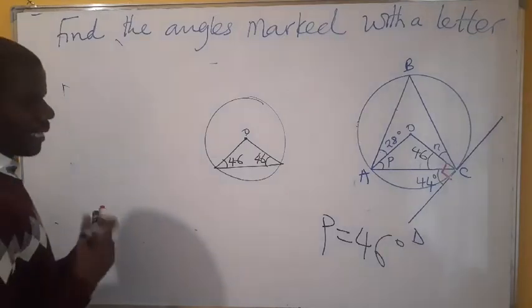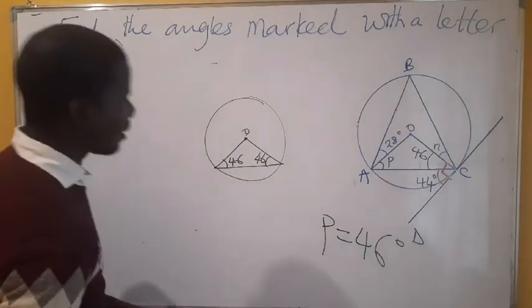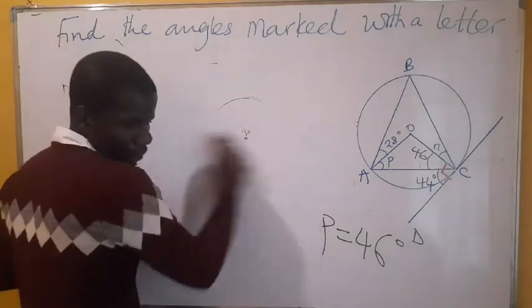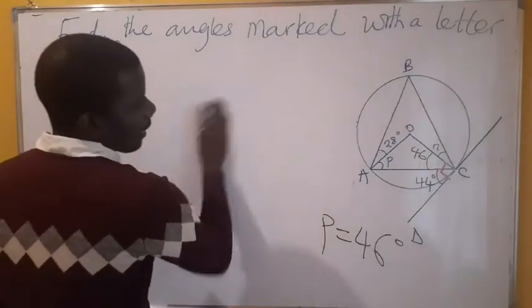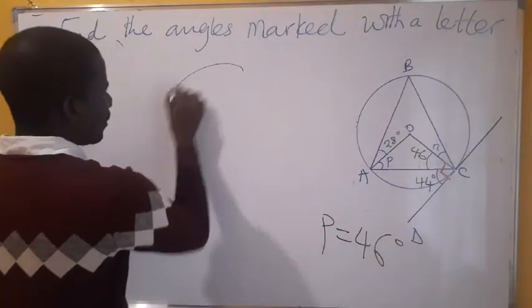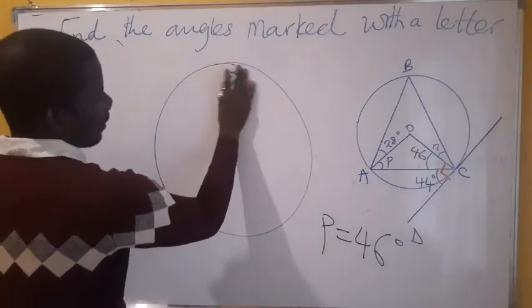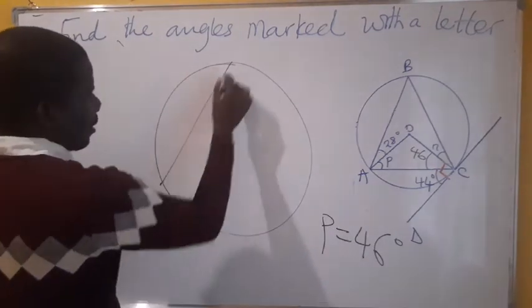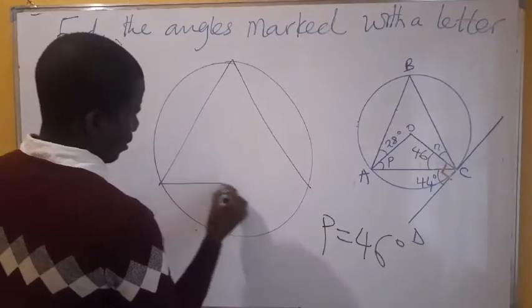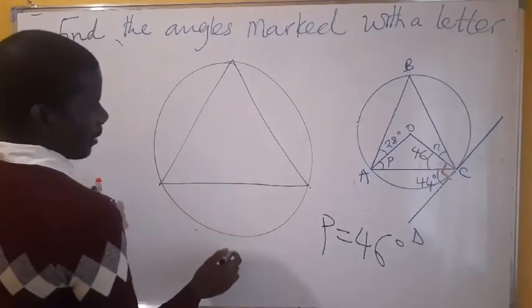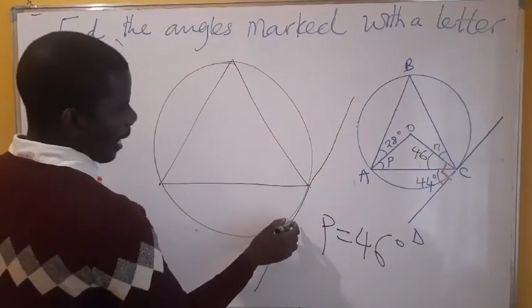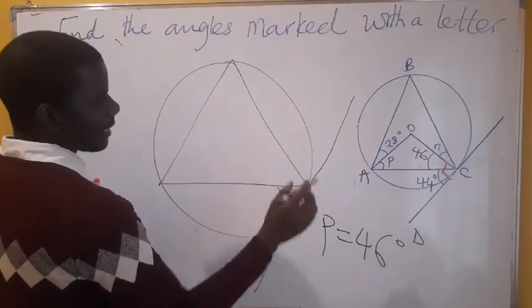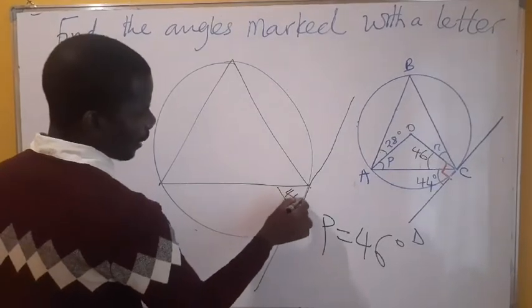Now we are remaining with N. Okay? This is the question that we have. So this angle, before I bring in what is inside, this is 44 here.